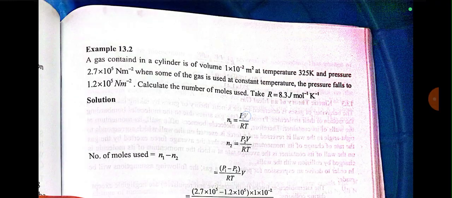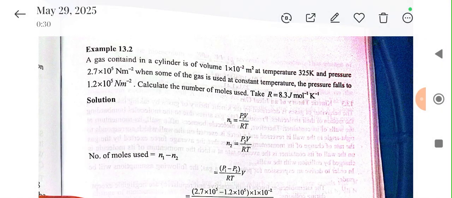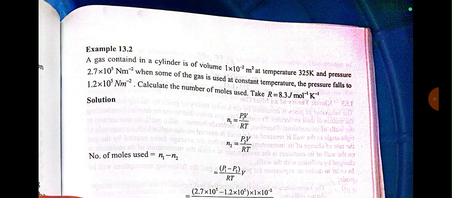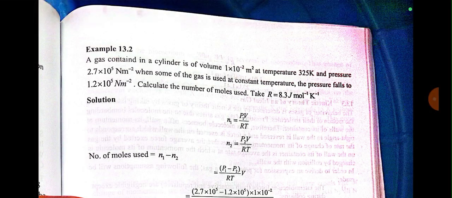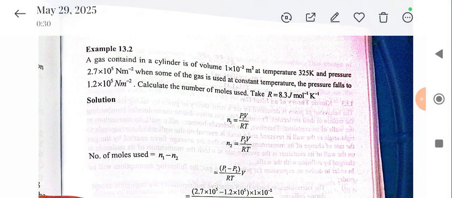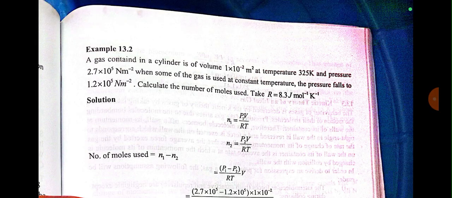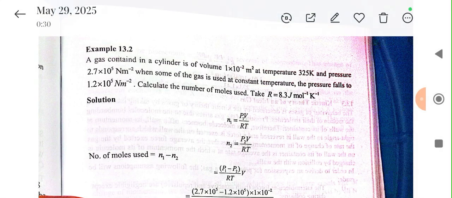Here we're considering the volume of the cylinder V. It is the same. It's just that the pressure fluctuates. Pressure and number of moles are the things that change. So from the ideal gas equation, you make number of moles the subject of the formula. N is going to be PV over RT.